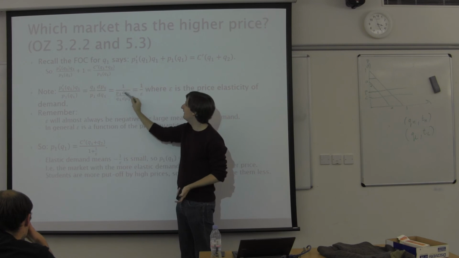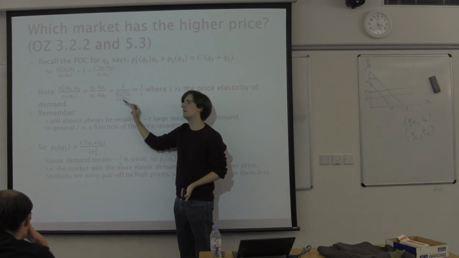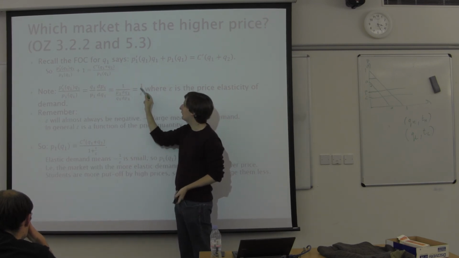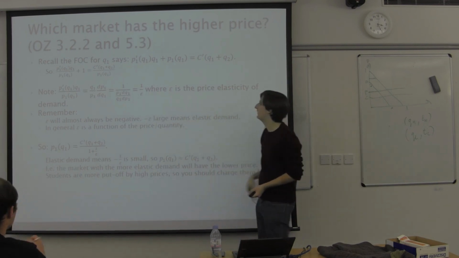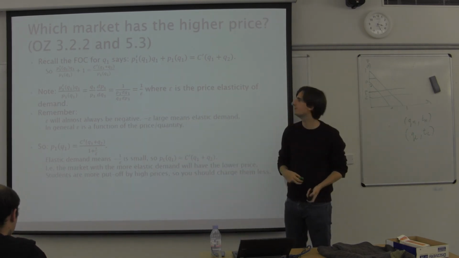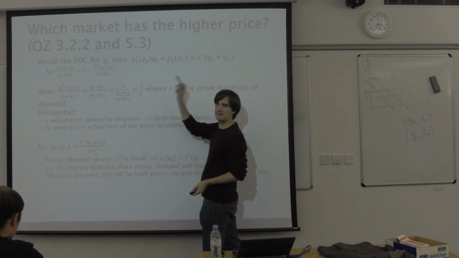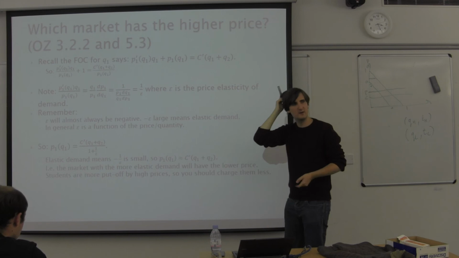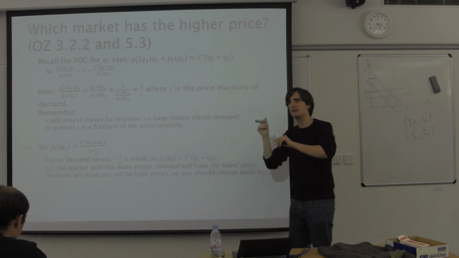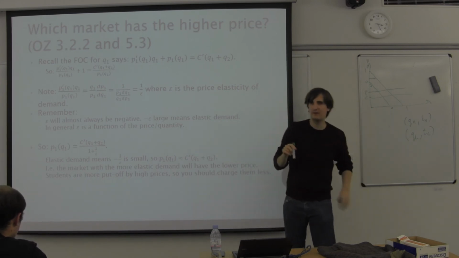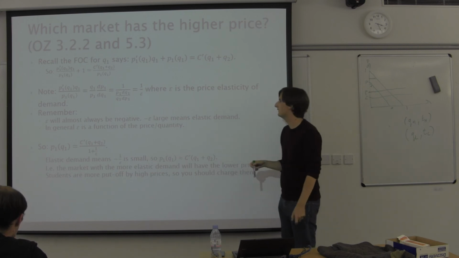Here is the definition of an elasticity. So this is just 1 over epsilon, where epsilon is the price elasticity of demand. You should remember that these price elasticities of demand are always negative. Elastic demand means a very large negative number.